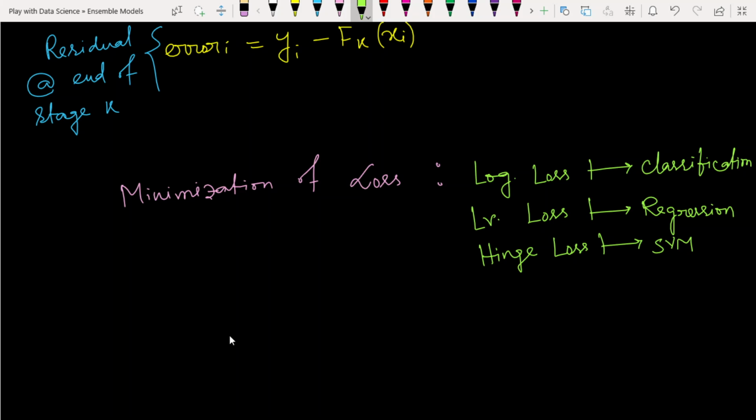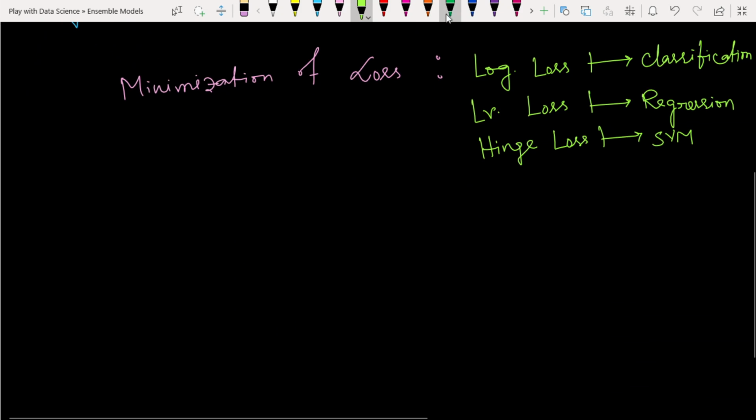Suppose, for simplicity and ease of understanding, we take the linear loss function, since we are interested in building a regression model.